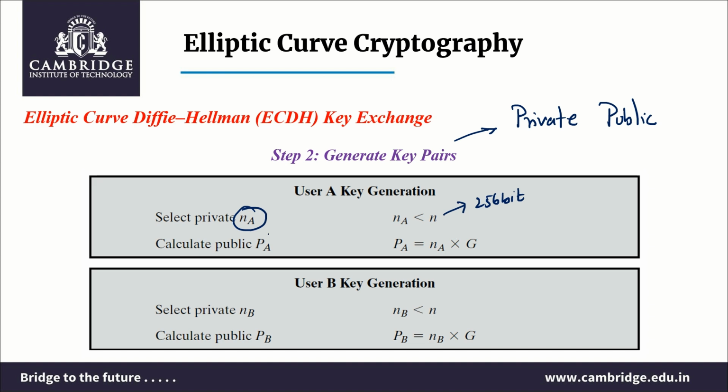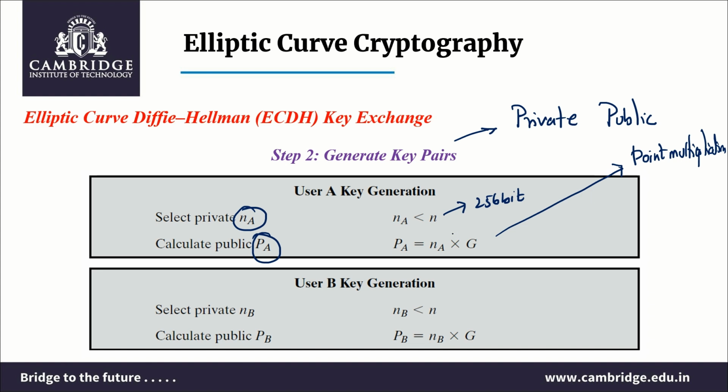Right, and it will calculate its public key PA. How is it calculating? It's the point multiplication that we are having, point multiplication on the curve. This point multiplication has several properties. It is commutative in nature, associative in nature. It follows the closure property.